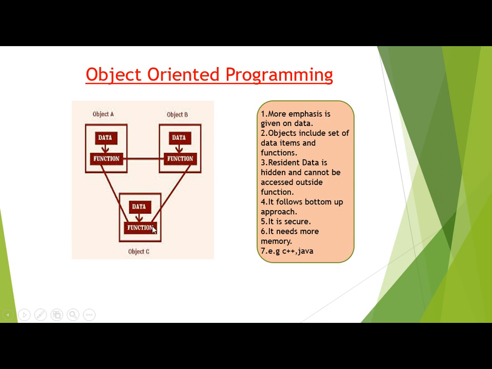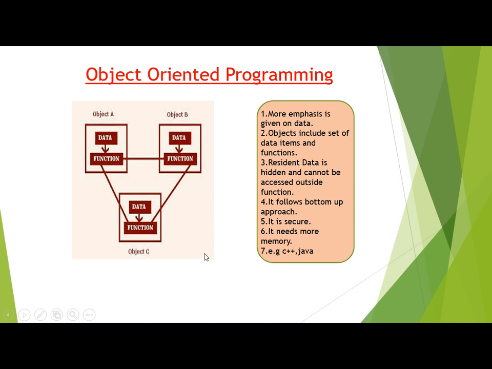So this kind of programming methodology provides a high rate of security of data. One difference compared to other programming methodologies is that this follows a bottom up approach. As we had in the previous ones, they follow top down approach, but here a bottom up approach will be followed. Now what is this bottom up approach?